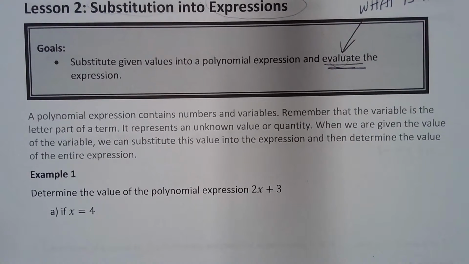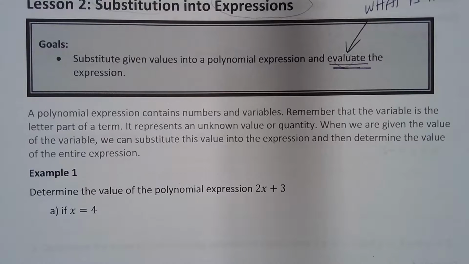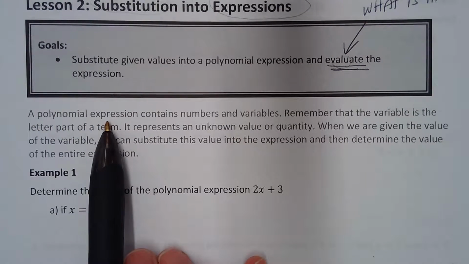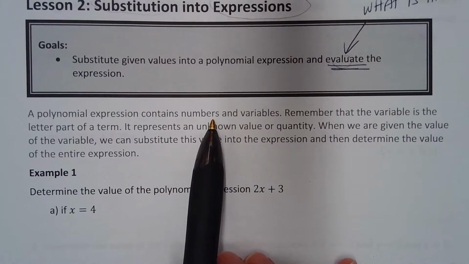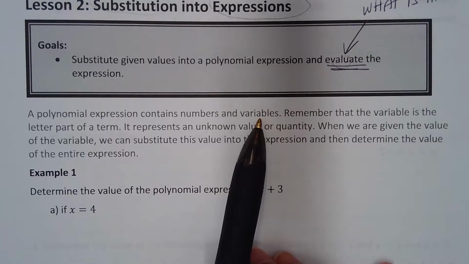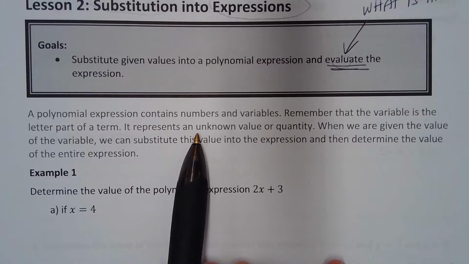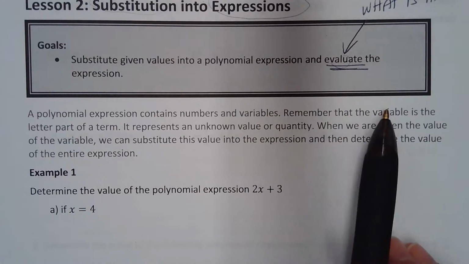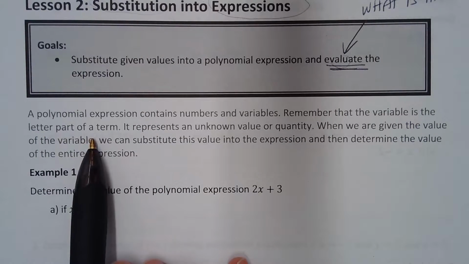Okay. So I'm taking time to kind of organize this and to talk about these first before we jump into the math piece. So a polynomial, which we already talked about yesterday, a polynomial expression contains numbers and variables. The numbers could be the coefficient, and it could be the constant. Remember that the variable is the letter part of the term.